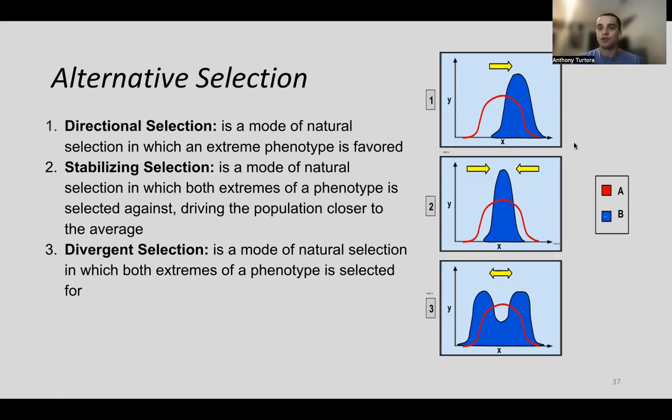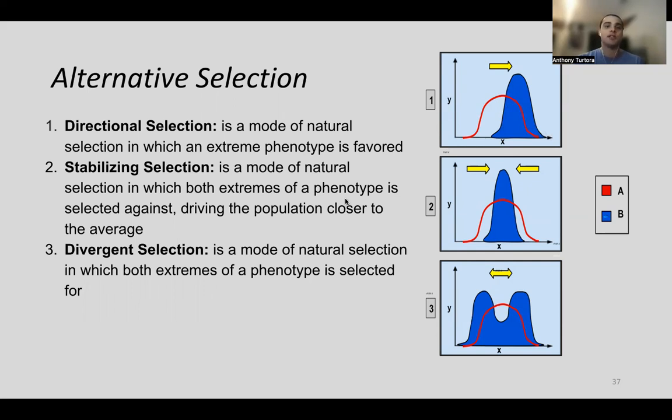So tall giraffes are selected for because they can get food easier, while the small giraffes are selected against because they have a harder time getting their food, which are leaves, off of taller trees. So as you can see here, you're going to have more tall giraffes in the population.